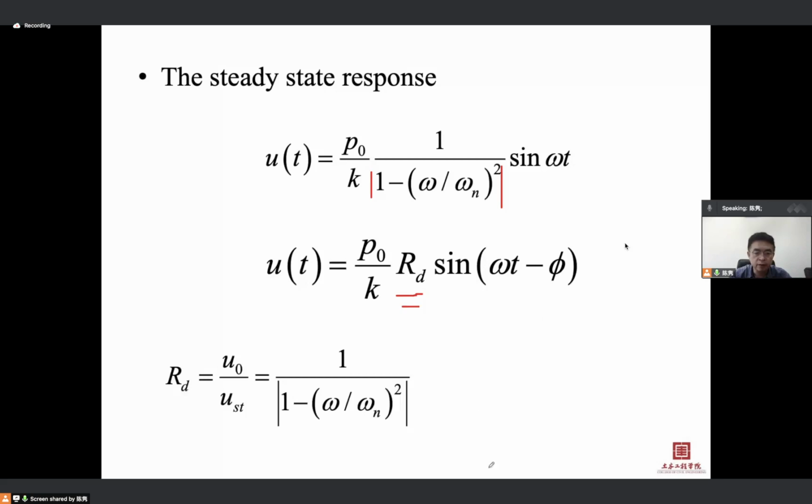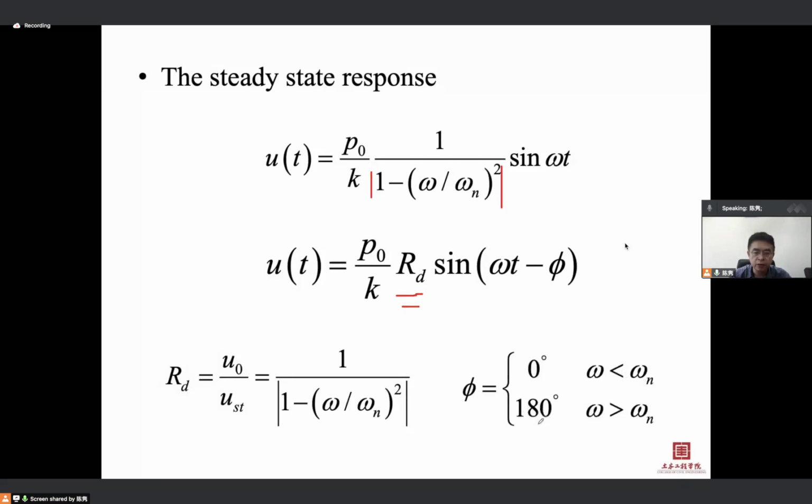And phi should be 0 when omega is less than omega n, and it should be pi, or 180 degrees, when omega is larger than omega n. So this is the amplification factor.